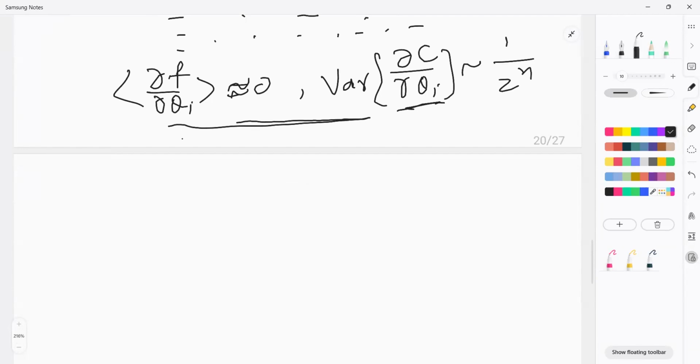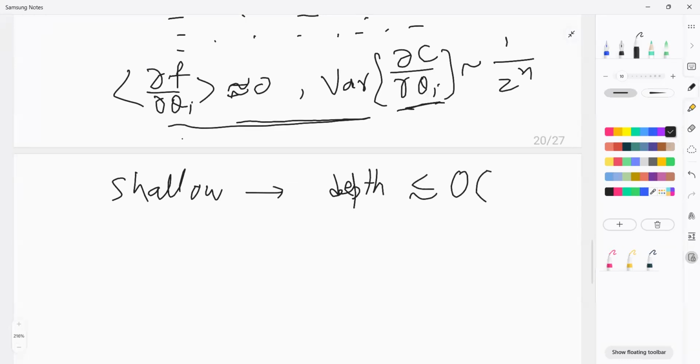And not deep means the circuit is shallow, and shallow means that the depth, or the number of layers, is less than the order of the square root of the qubits.